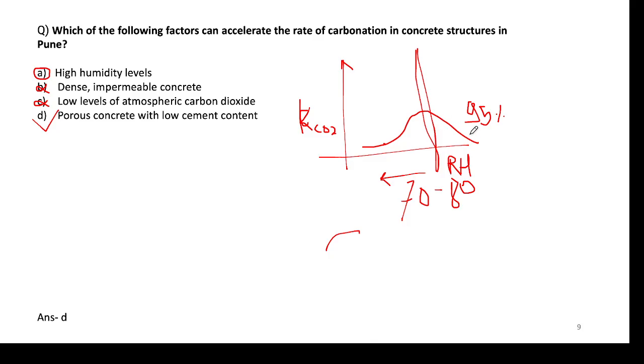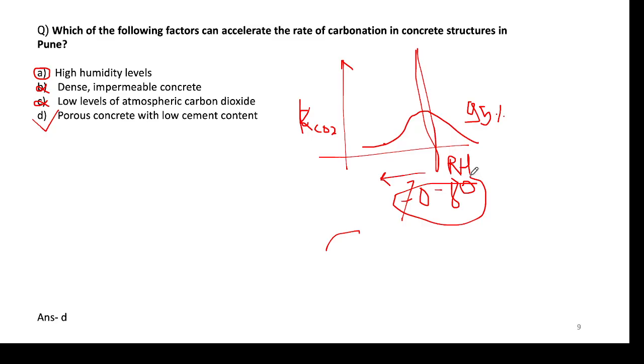That's why the carbonation rate is also lower at very high RH levels. So at 70 to 80, the optimum RH level, the carbonation rate was observed to be highest, because at that level some of the pores are partially filled with water, hence it allows ingress of CO2 and also dissolution of CO2.